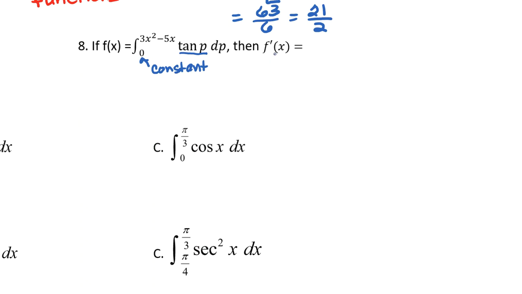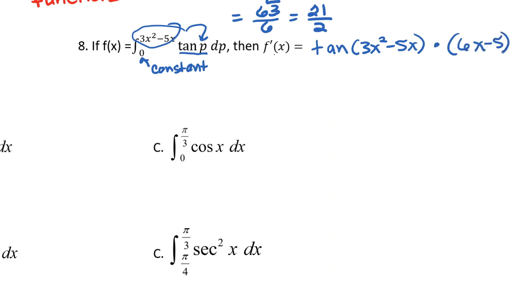All right, so all we need to do here is put our upper limit into our integrand. So we will get tangent of 3x squared minus 5x, and then multiply by the chain rule, which would be 6x minus 5. And you could move that in front of the tangent if you wish.